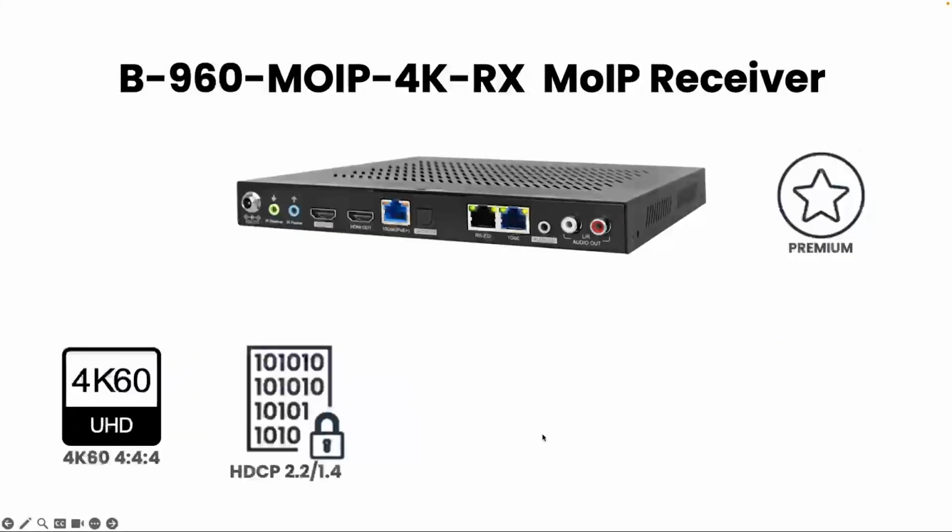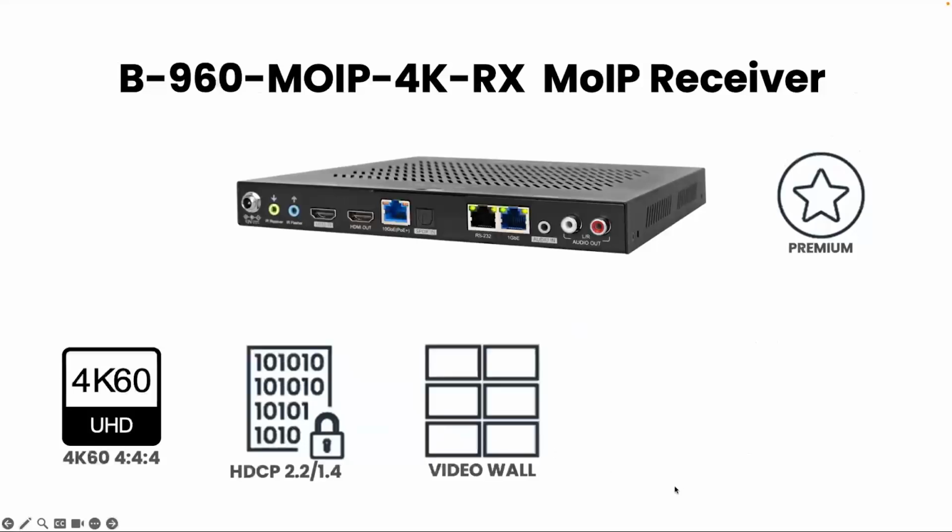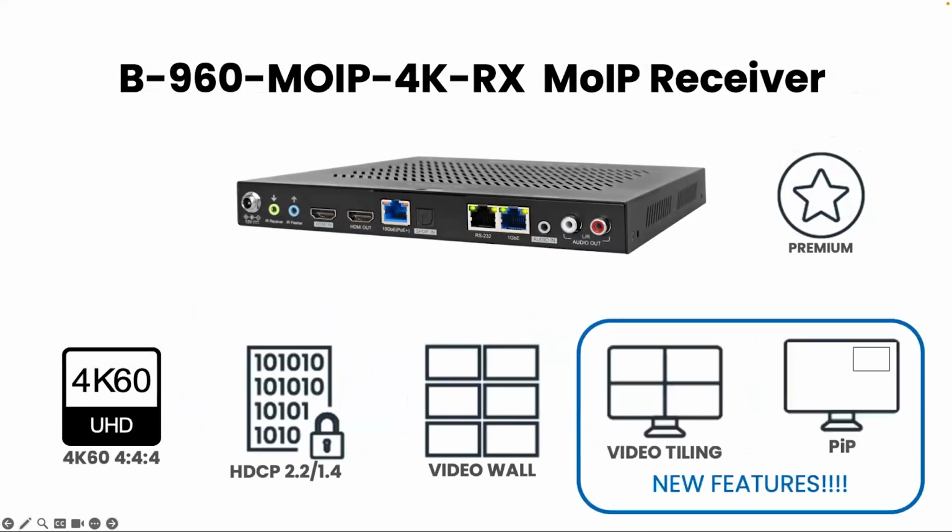So our 960 receiver gives you capabilities for a video wall, but also, this is what's going to give you access to video tiling as well as picture-in-picture. And this can work with Chime video doorbells and Luma motion sensing cameras to display picture-in-picture in your video streams.